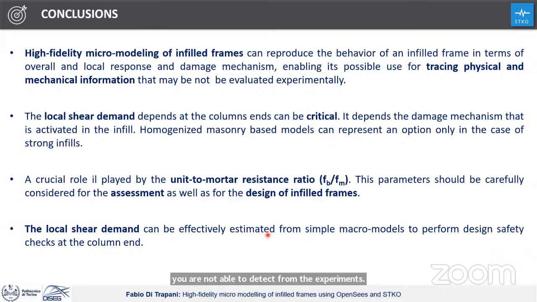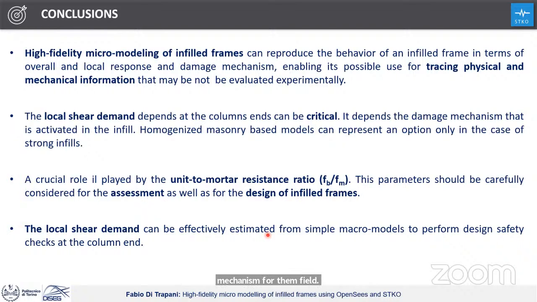In this case, the local shear demand was our goal, and we showed that by performing some parametric study, the local shear demand increases or decreases basically depending on the unit to mortar resistance ratio, that basically changes the collapse mechanism for the infill.